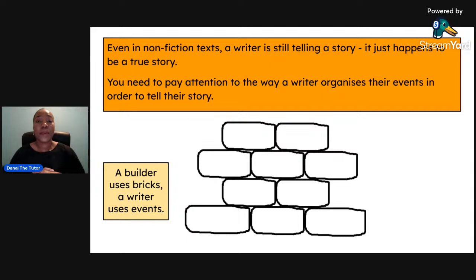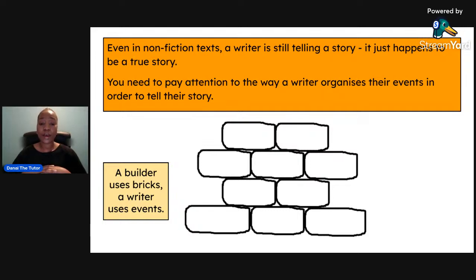So when we're thinking about structure, I like to use this image of bricks, okay? Because it's a helpful metaphor, if you will. A builder uses bricks, but a writer uses events. So even in a nonfiction text, a writer is still telling a story. It just happens to be a true story.